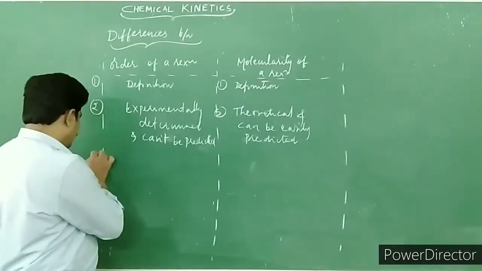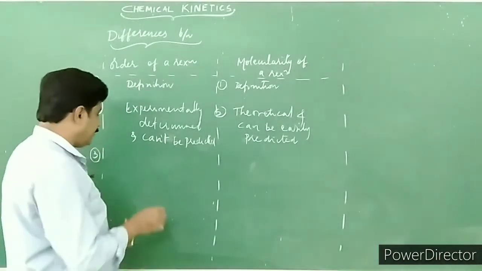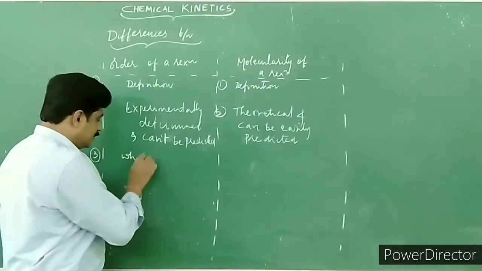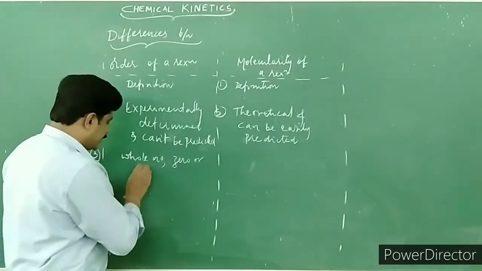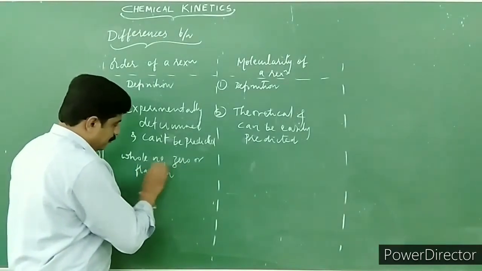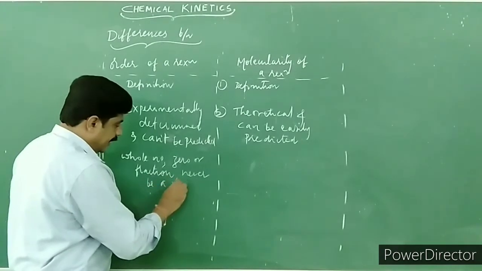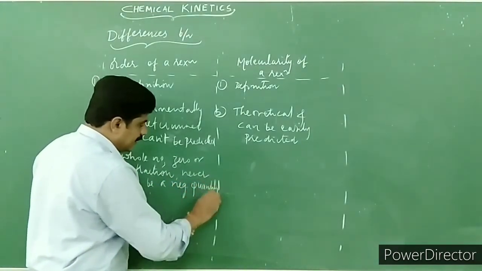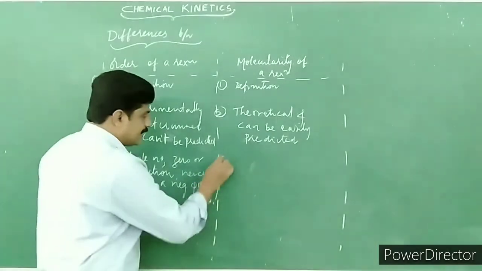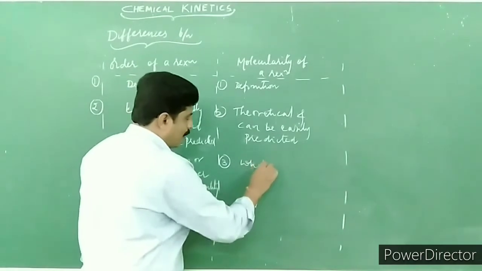Now, third one. Children, order of reaction can be a whole number, zero, or fraction, but can never be a negative quantity. Is it not? That's what you have learned under order of reaction. Whereas on the other side, children, molecularity is only a whole number.